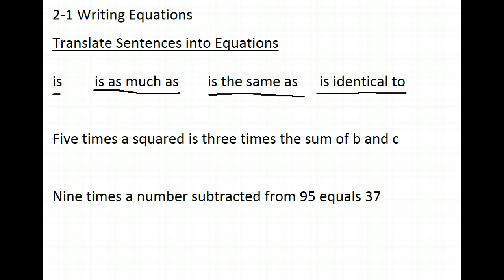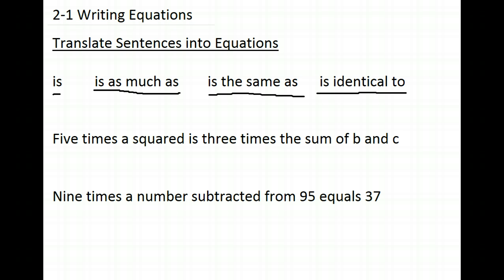Looking at example 1, let's look at this sentence and turn it into an algebraic expression. We have 5 times a squared is 3 times the sum of b and c. Starting from left to right, 5 times.